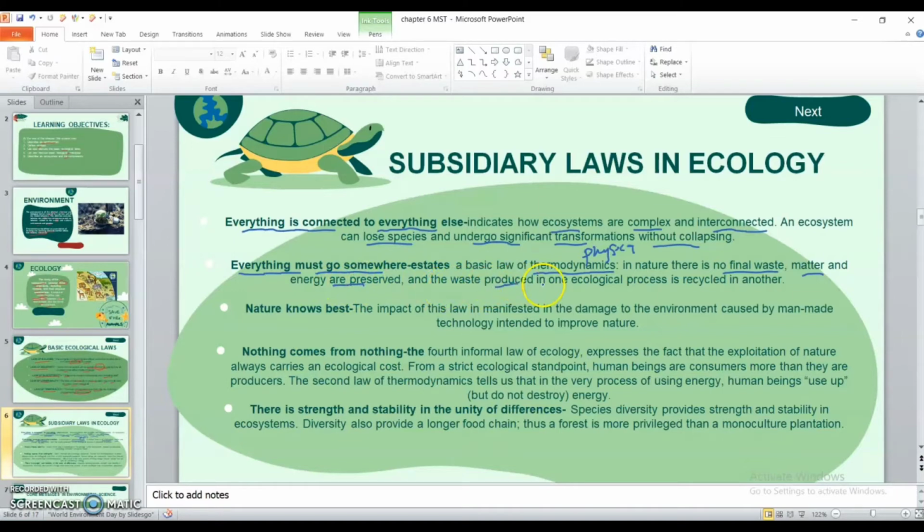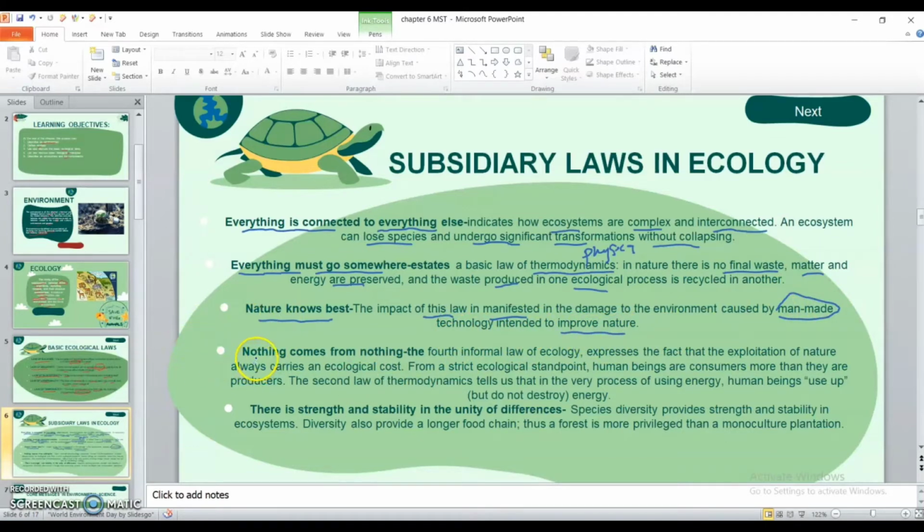And the waste produced in one ecological process is recycled. The next one is nature knows best. The impact of this law is manifested in the damage to the environment caused by man-made technology intended to improve nature.